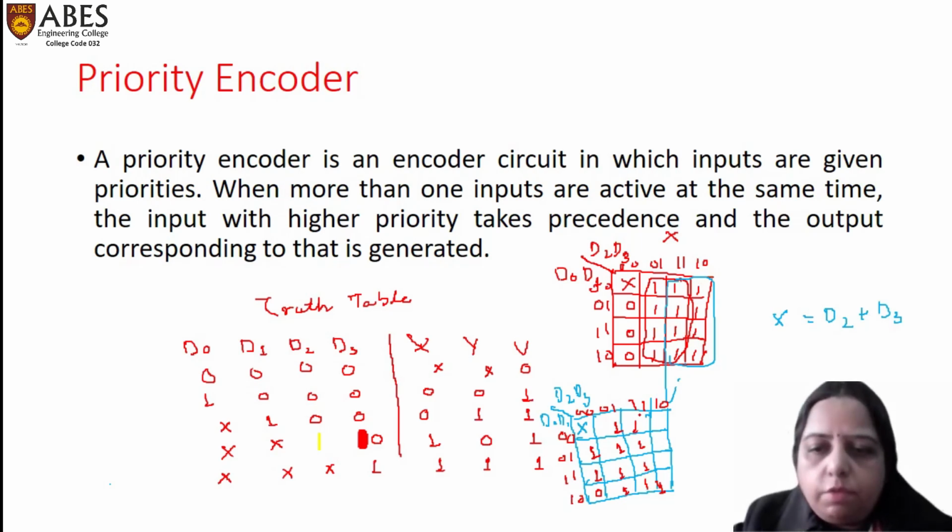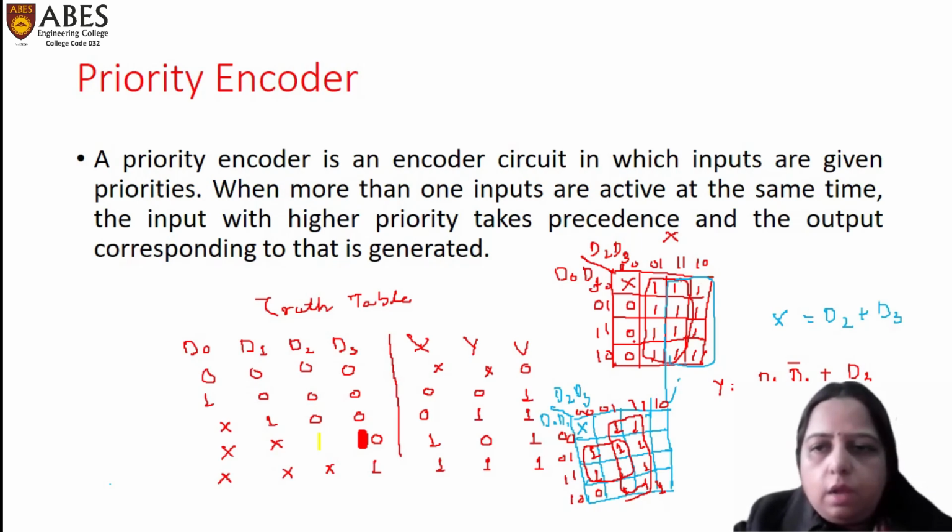This is the first group, and this one is the second group, which is a quad. So in this case, Y will be equal to D1 D2 bar plus D3. So this is the case for Y.